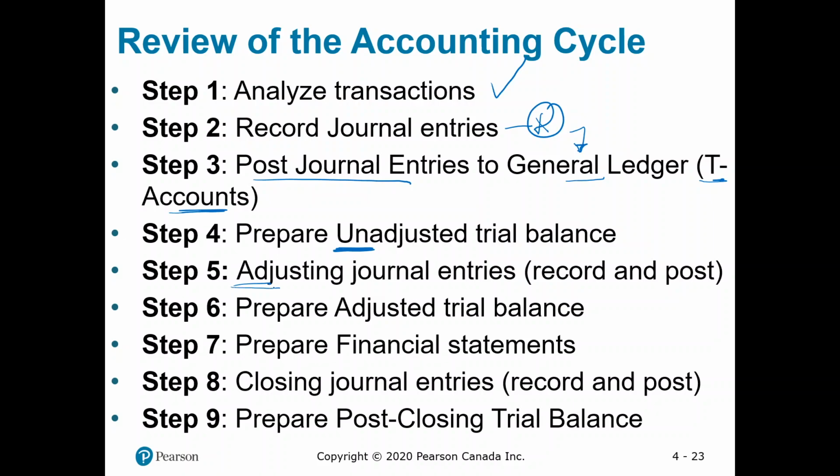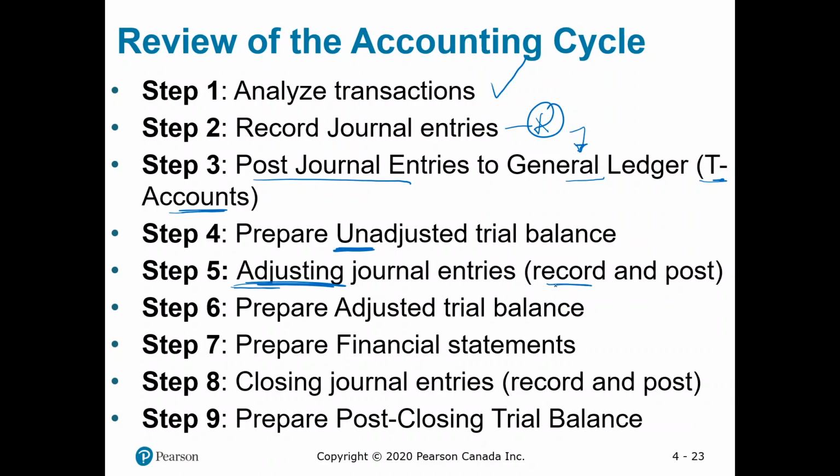Or we had adjusting entries for accruing revenues and expenses. So the cash has not been paid yet and nothing's been recorded, but because the revenues and expenses are earned and incurred, we need to accrue those or set them up. And then we also looked at amortizing our PP&E. So those are all the adjusting entries.